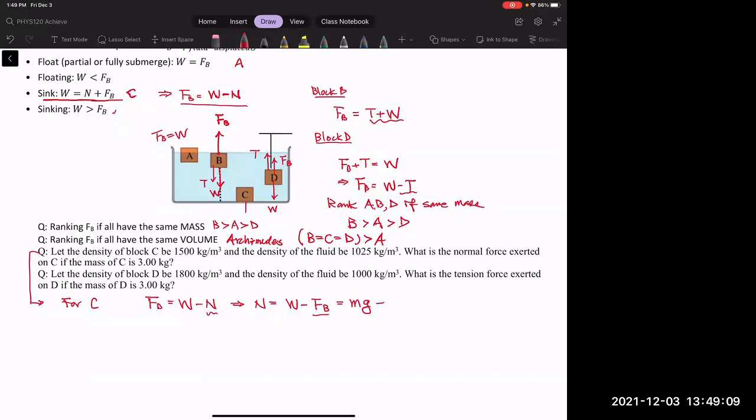Well, the volume of block C can be found using the density equation. If this is a mass density, it is the mass divided by the volume. We were given the density of the block and the mass of the block, so then you can find the volume of the block.